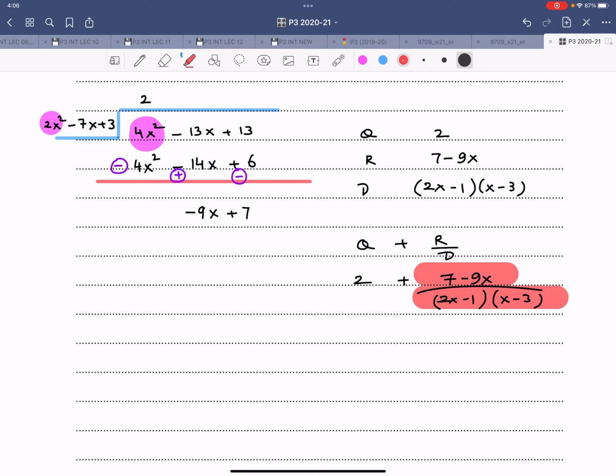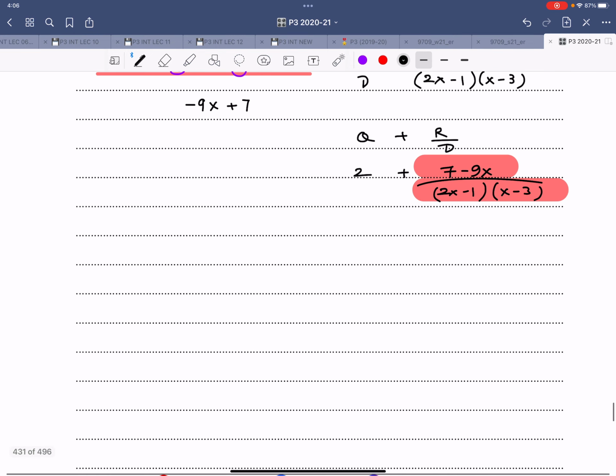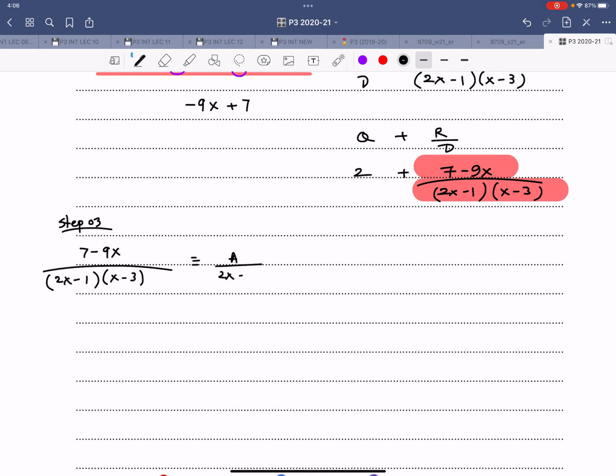So here comes step number 3. 7 minus 9x over 2x minus 1, x minus 3 is identical to a constant over 2x minus 1, another constant over x minus 3.